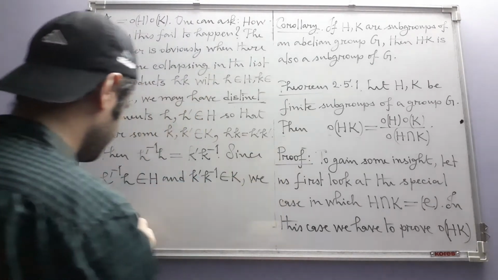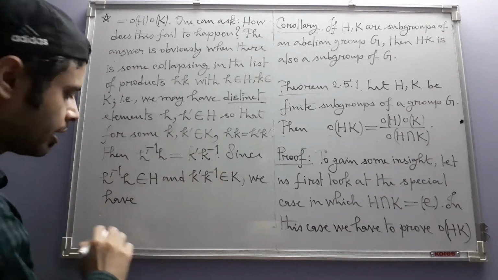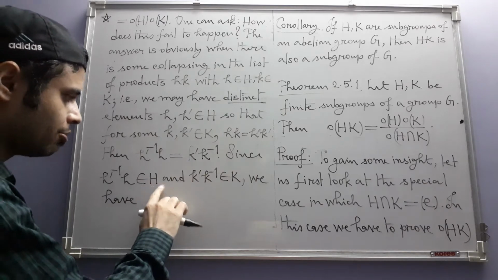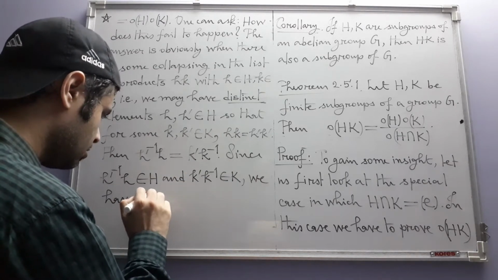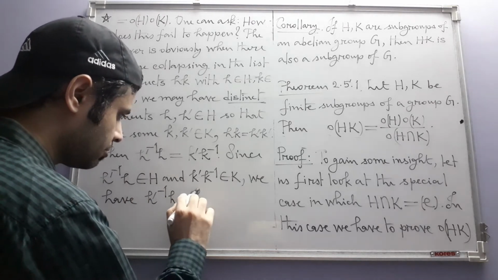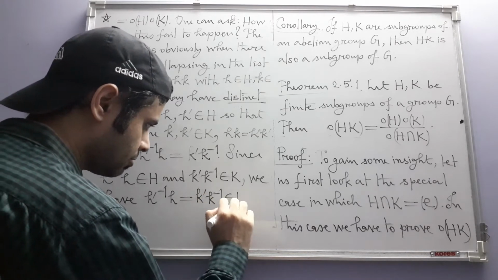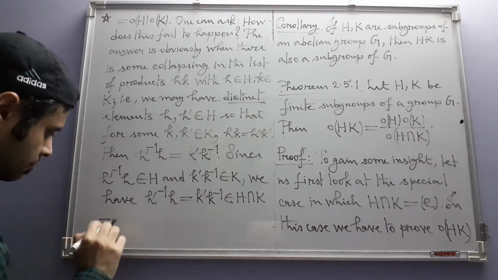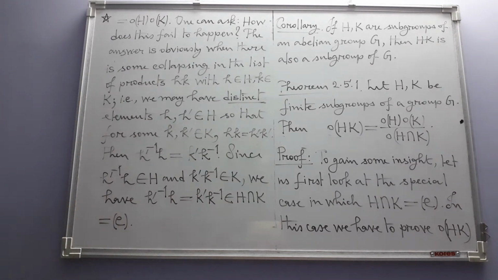But they are equal, so this common element belongs to both H and K. We have h prime inverse h equal to k prime k inverse belonging to H intersection K, which is this trivial group in our case.